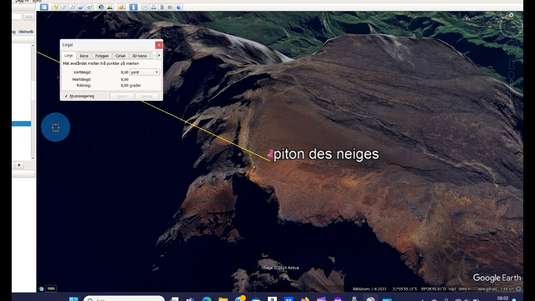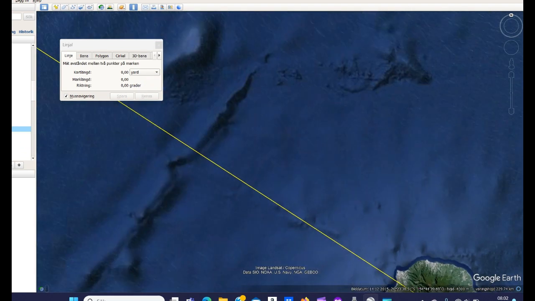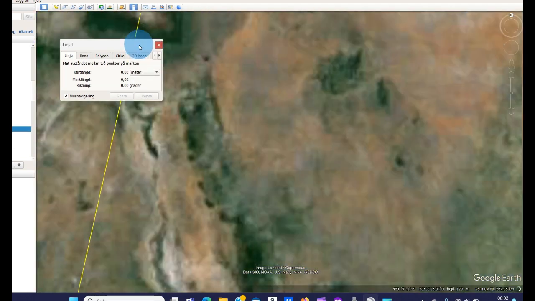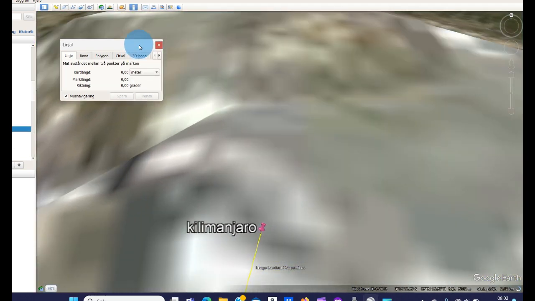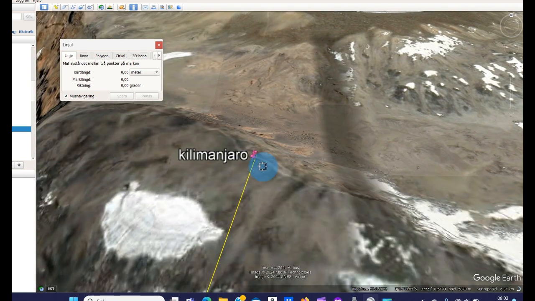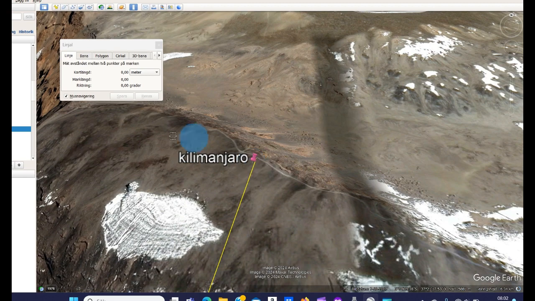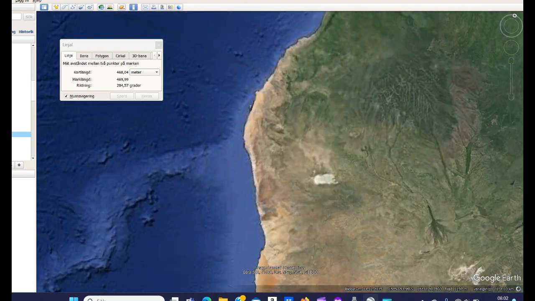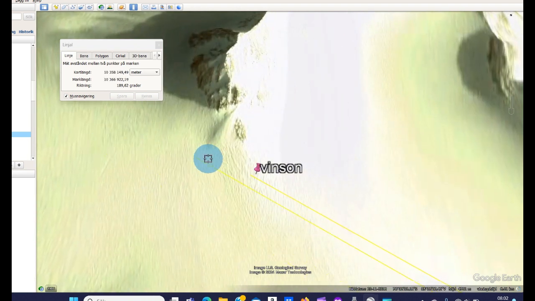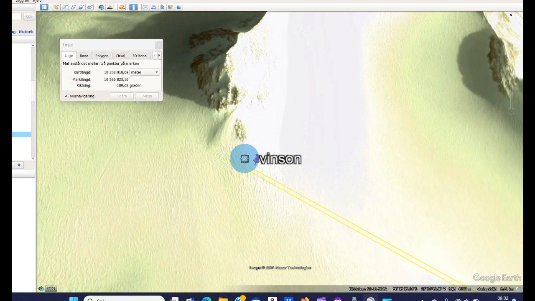Now we'll fly to Mount Kilimanjaro and measure to Mount Vinson in meters, where we should find close to the same numbers. So from Africa's highest mountain to Antarctica's highest mountain, Mount Vinson. 10366 and a little bit more in meters we should find.